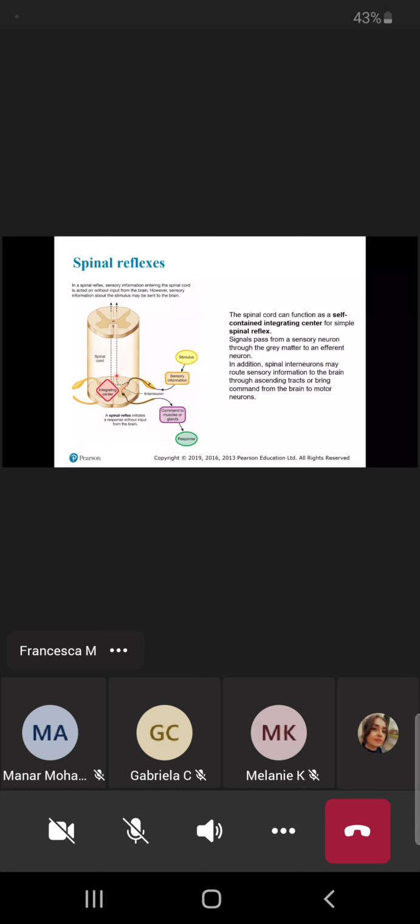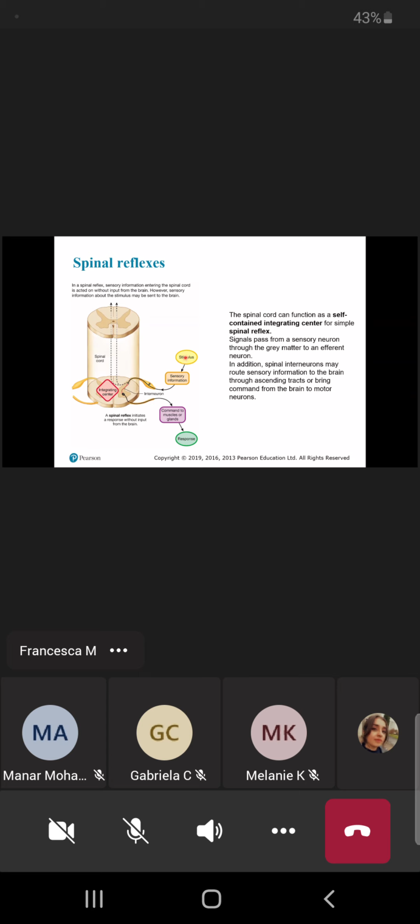For the spinal reflex, this information can be elaborated by the spinal cord by itself, without the brain. We don't need the input to arrive in the brain, and the output to come from the integrating center in the brain. In this case, everything takes place in the spinal cord.